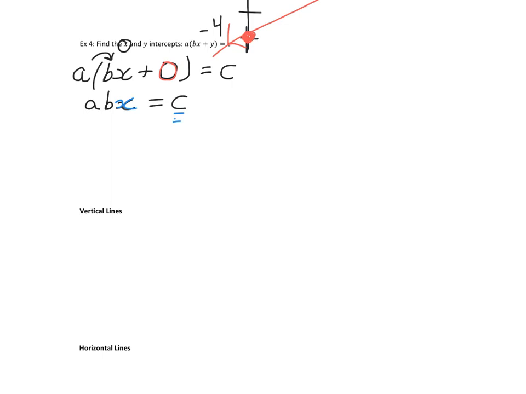Anything with an x is on the other side. So now all that's left to do is divide out by AB, and we get our x-intercept. So our x-intercept is C over AB, and you can write that as an ordered pair.